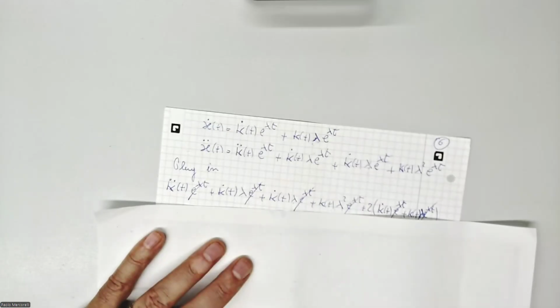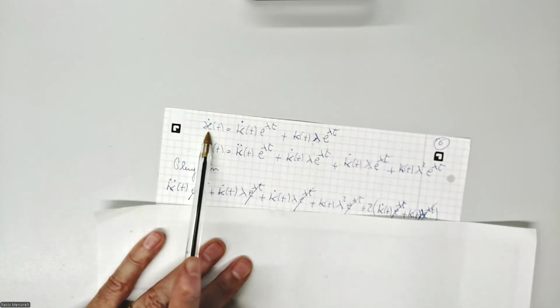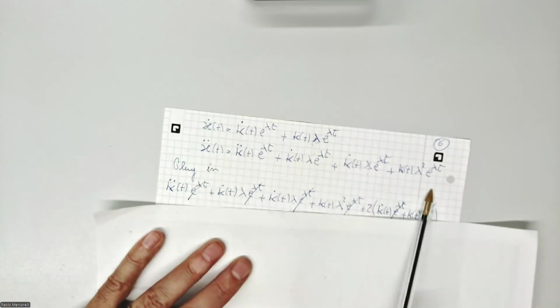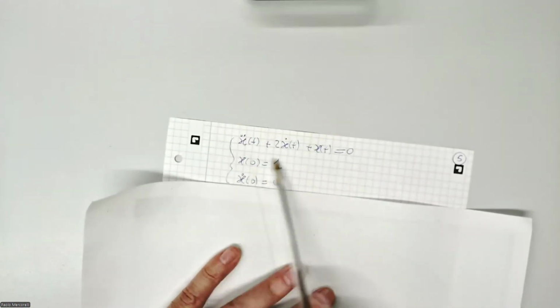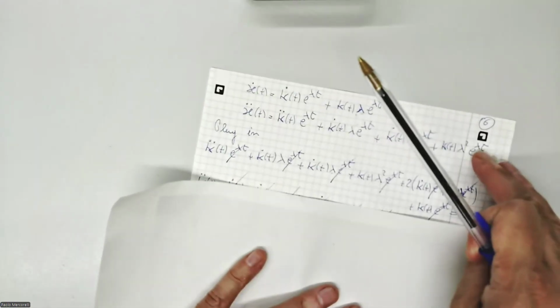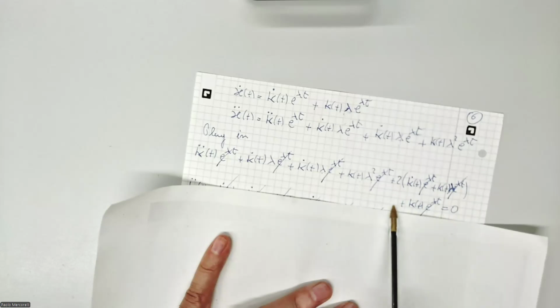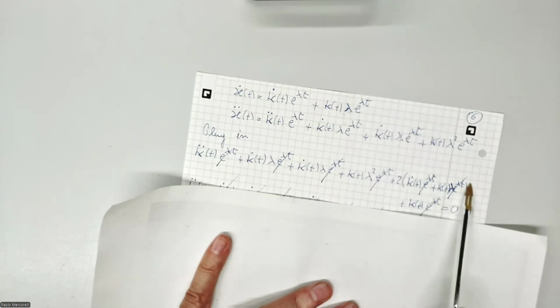Plugging in x of t equal k of t multiplied by the exponential function of lambda t, x dot, which is this expression, x dot dot, this boring expression, into here. We have this expression plus this one. We can see, for instance, this here is 2 times x dot.